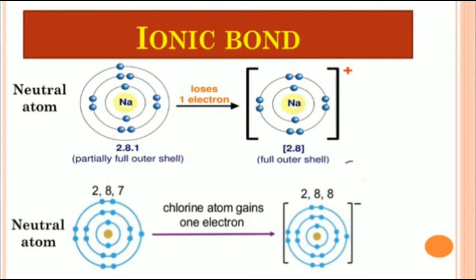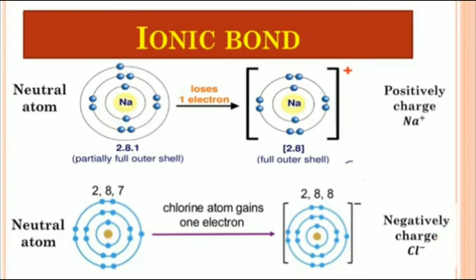So this is how sodium loses its one electron and forms a positively charged sodium ion, and chlorine accepts one electron and forms a negatively charged chloride ion.